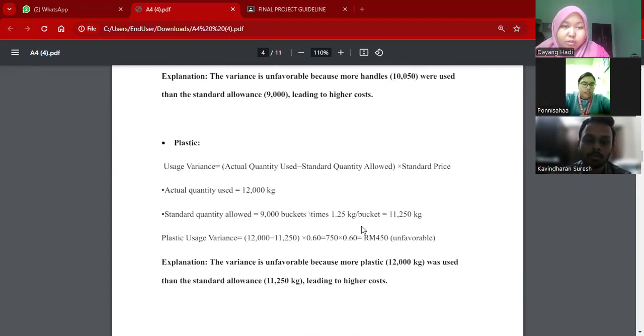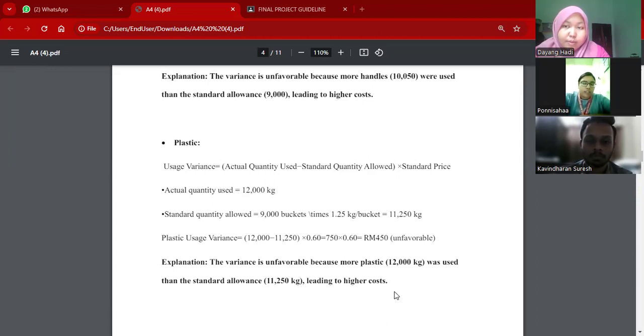So we are moving to the plastic one. The method is the same for usage variance: actual quantity used minus standard quantity allowance, times standard price. The actual quantity for plastic is 12,000 kg. The standard quantity allowance is 9,000 buckets times 1.25 kg per bucket, which gives 11,250.